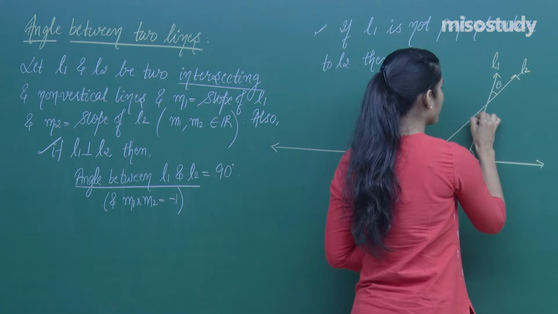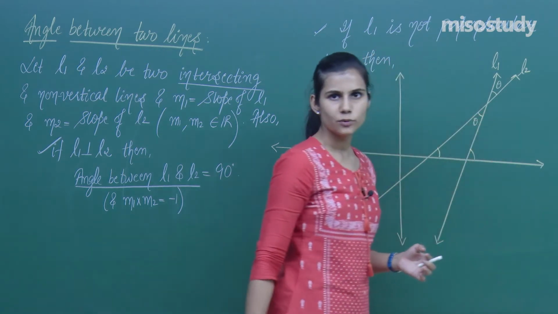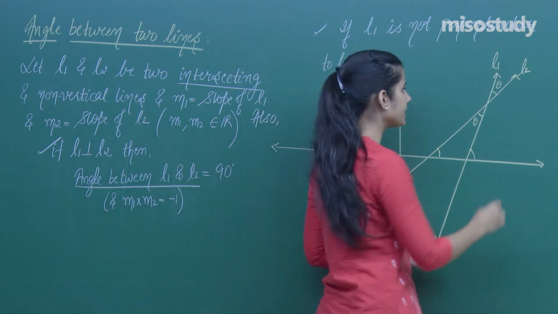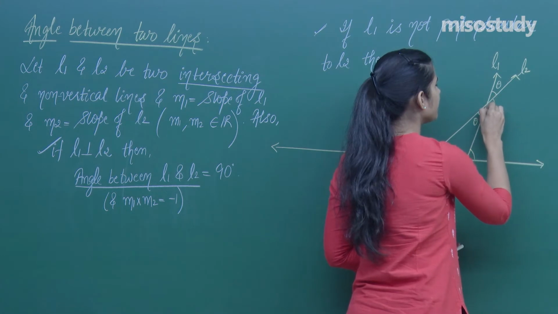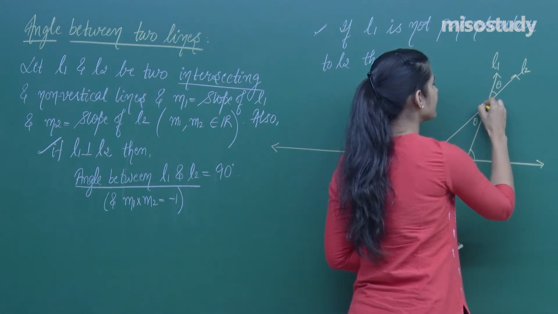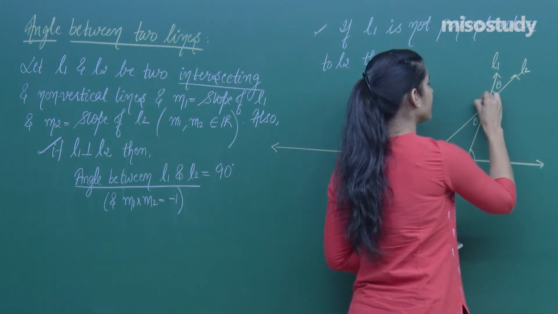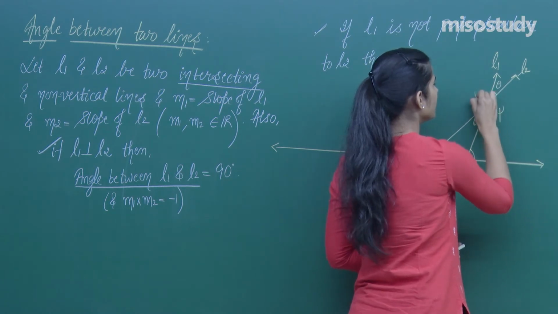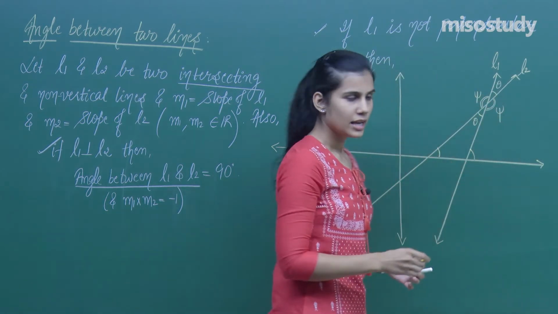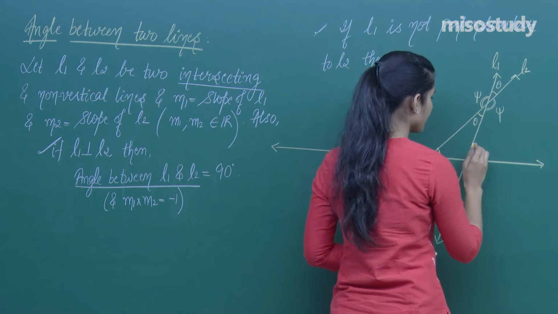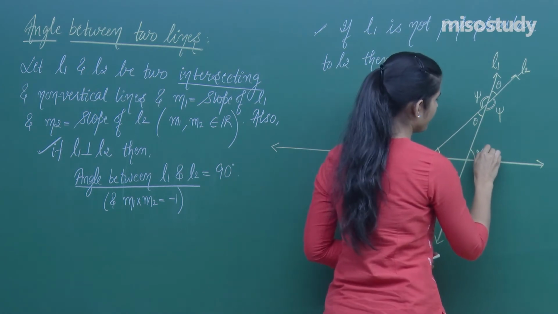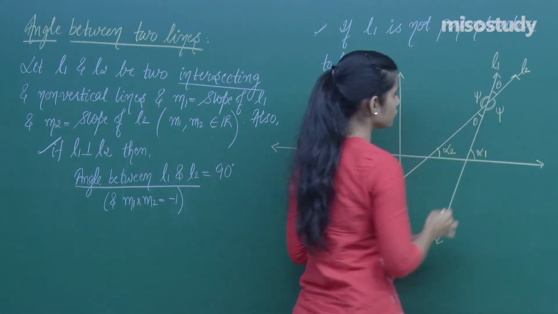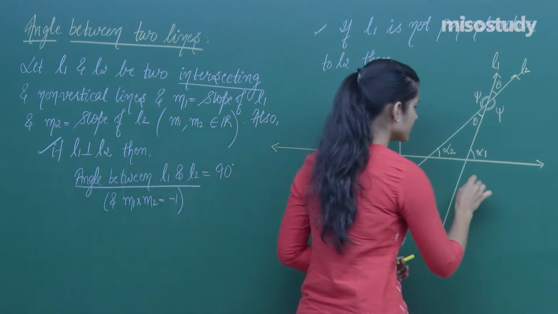This is one pair of vertically opposite angles which is produced when the two lines are intersecting, and I will be naming this angle, that is the obtuse angle, as xi. I am saying this is alpha 1 and this is alpha 2. Let me tell you what all this is.